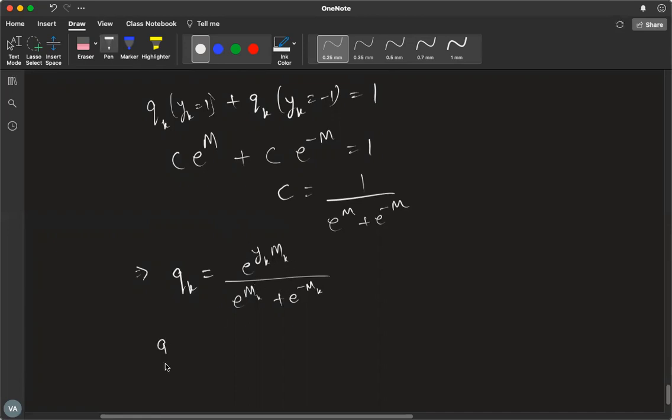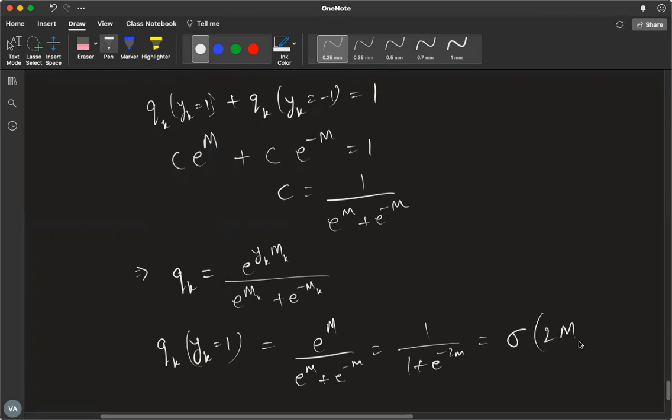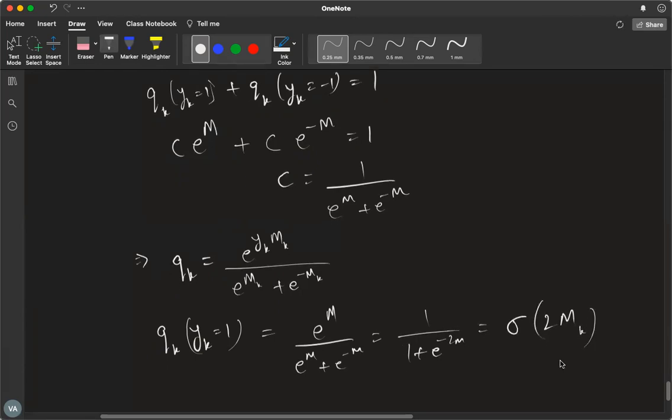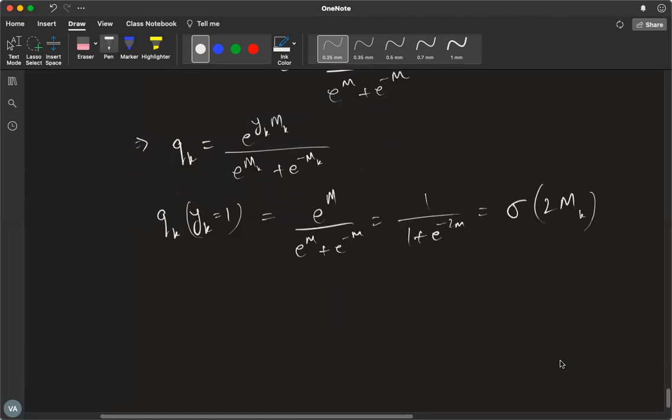Let us say, what is my qk when yk equals plus 1? This is equal to e to the power m upon e to the power m plus e to the power minus m. This is equal to 1 upon 1 plus e to the power minus 2m. This is a sigmoid of 2m, or you can say 2mk, whatever. So this is simply the sigmoid of 2m.